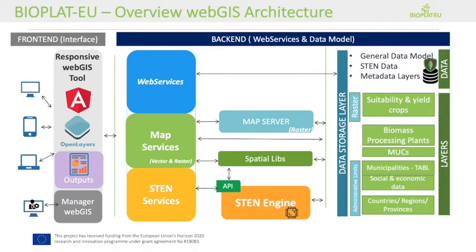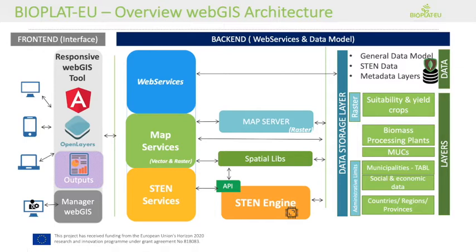The backend, or server side, is developed in different technologies and frameworks like Node, in addition to Python scripts to access spatial data using GDAL. For the database, we use MongoDB, and a spatial database has been used.